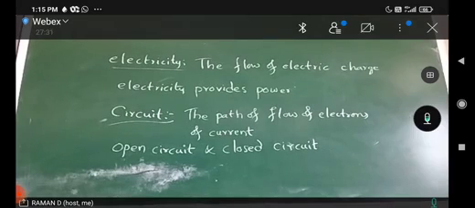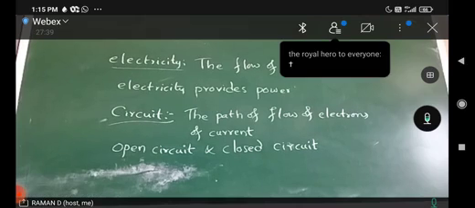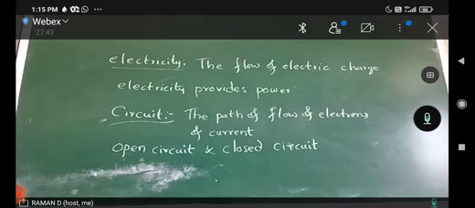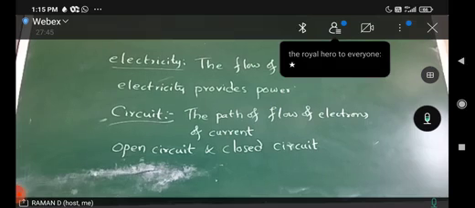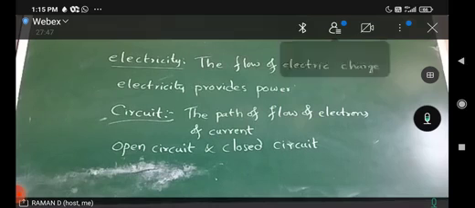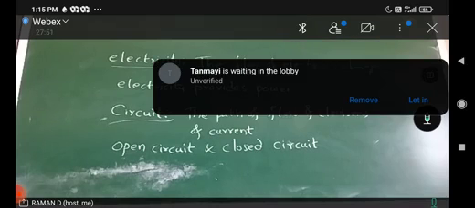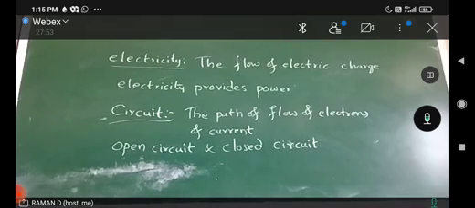What is this electric cell? A small device that contains chemicals in it and generates electricity that can be used to light the torch, to run some small devices, etc. Every electric cell has two terminals or two ends.